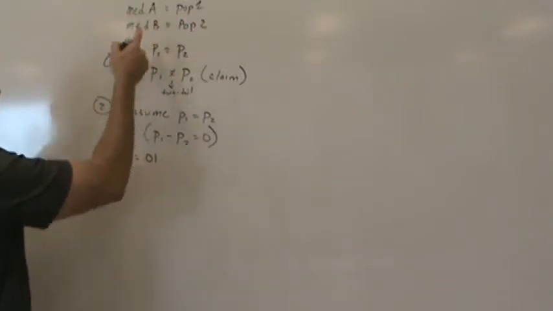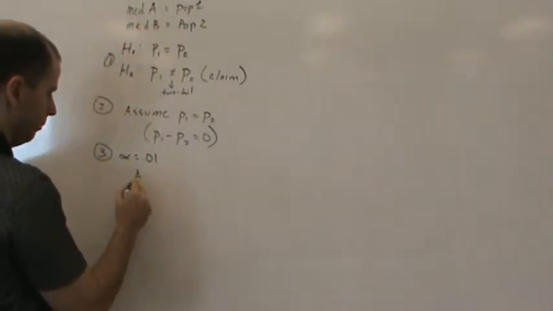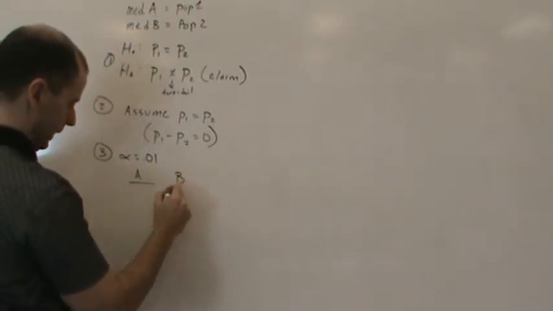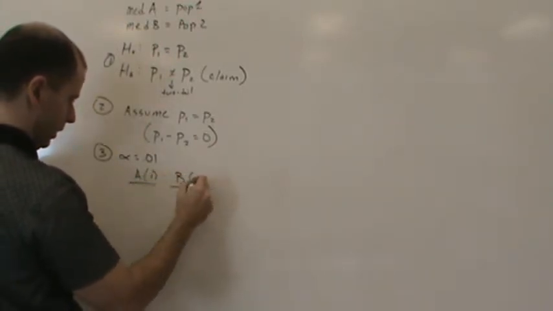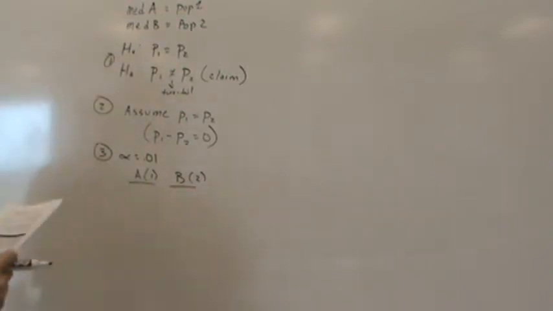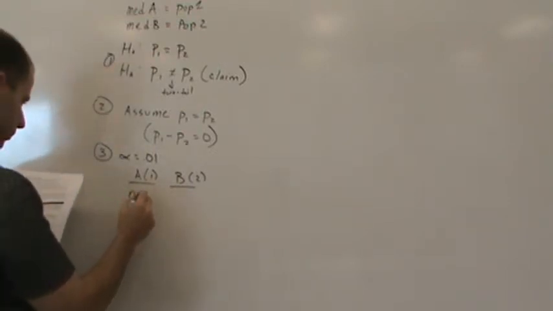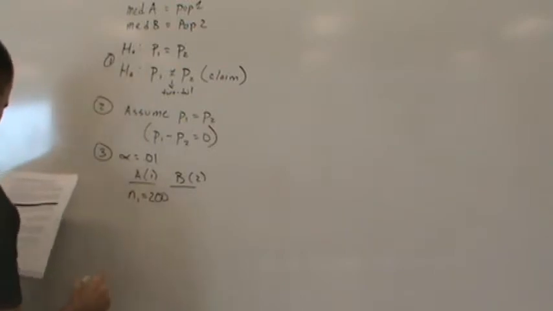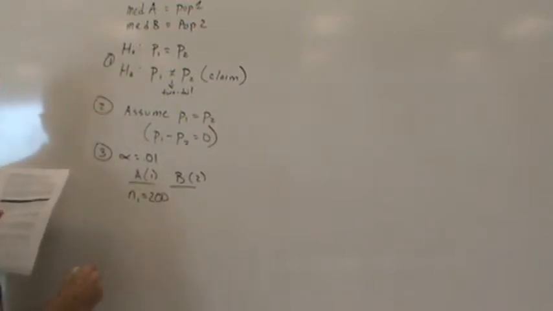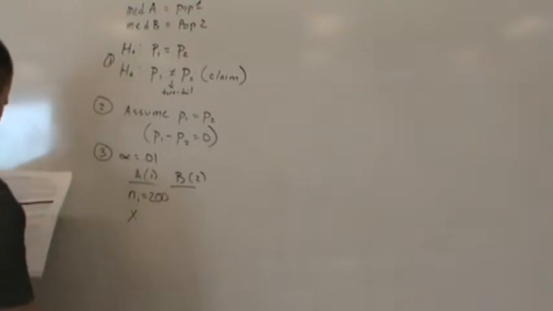And what else do they tell us? Well, let's write down our two populations. So A is 1, B is 2. So this is 1, this is 2. So what is the information they give us? So now, 20 out of a random sample of 200 adults who are given A. So that means N1 is equal to 200. And out of the 200, what is the number of people who experienced relief?